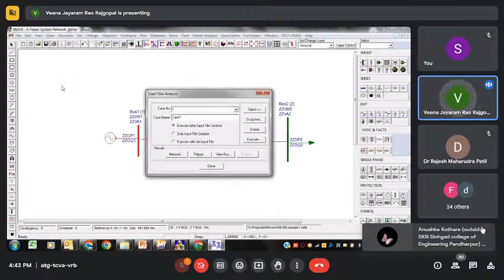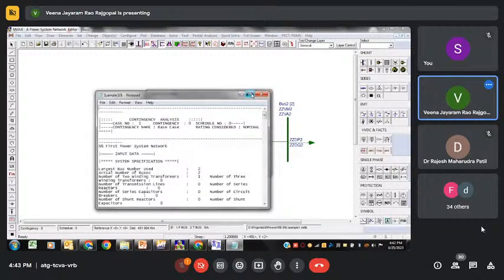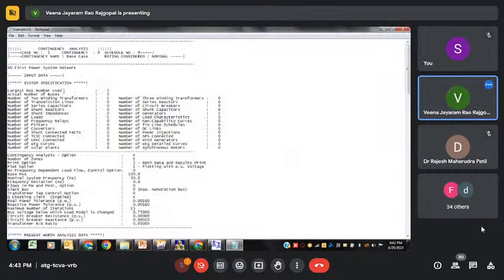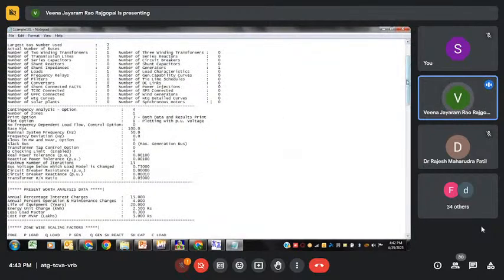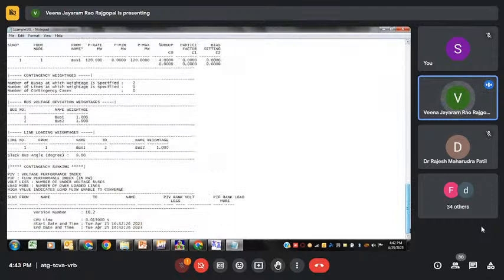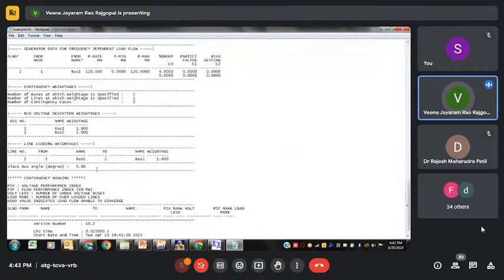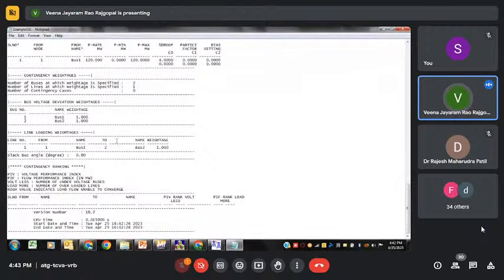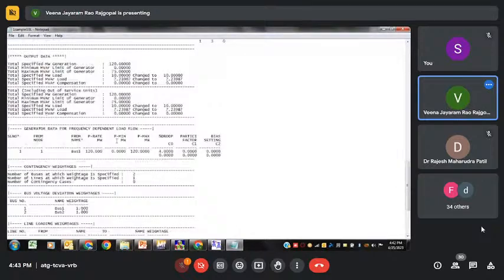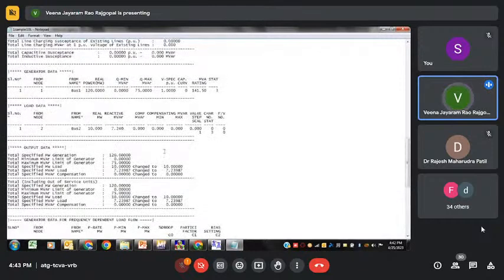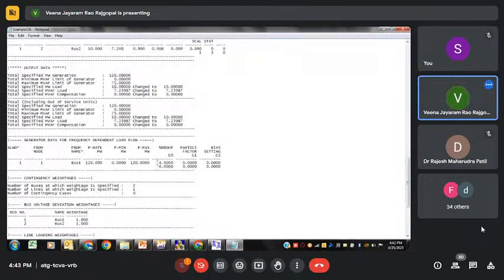Now the execution has happened. This is a two bus system, which is what we have created now. You can see here at what time it has converged, and what is the voltage. You can see the results here.